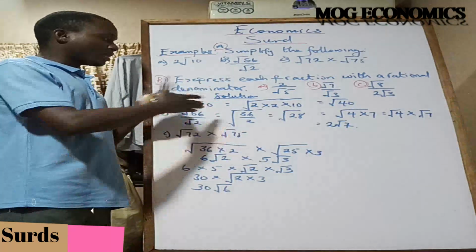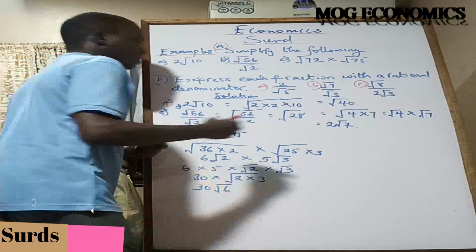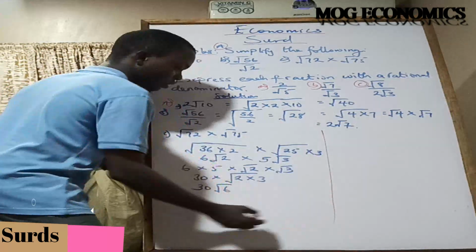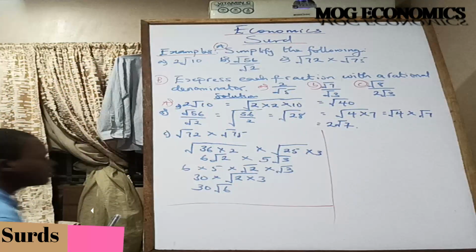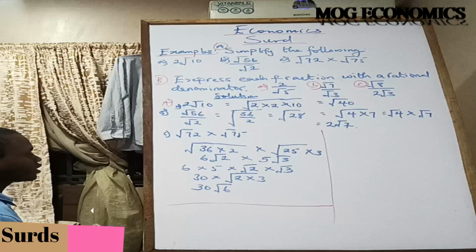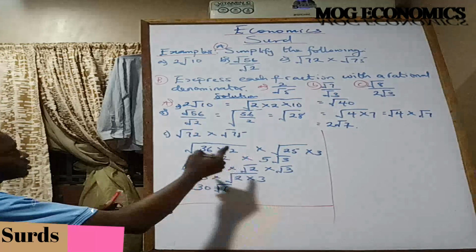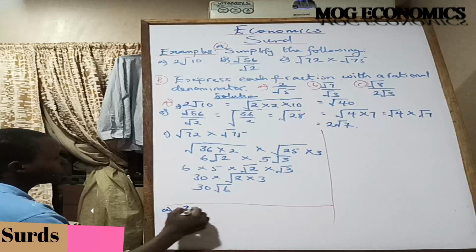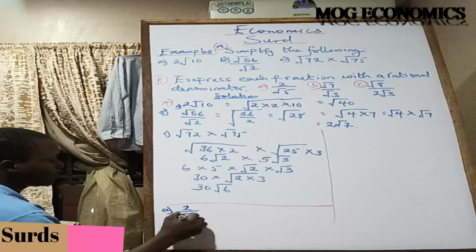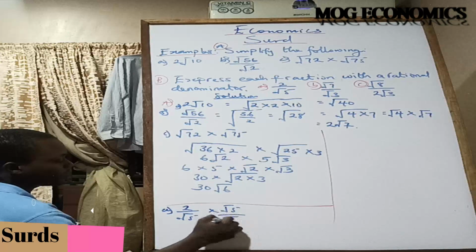For you to attack a question like this, what you just have to do is multiply the numerator and the denominator by the denominator. So what do I mean? For A, the first question, if the instruction is that you should express each of the fractions with a rational denominator, this will be equal to 2 over root 5, then multiplied by root 5 over root 5 as well.